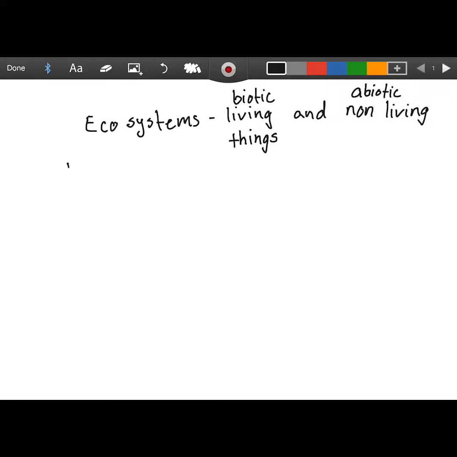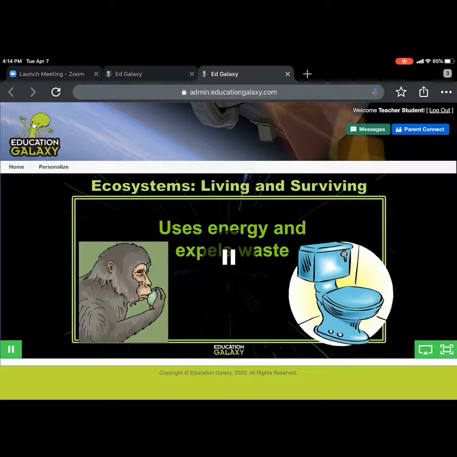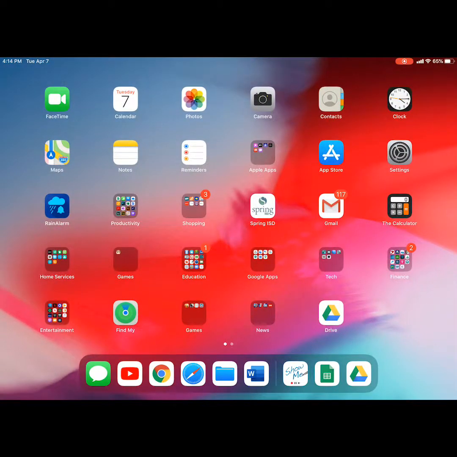So let's write living things made up of cells. Living organisms also use energy and expel waste. Okay, use energy and expel waste.